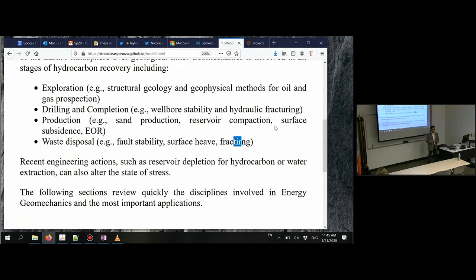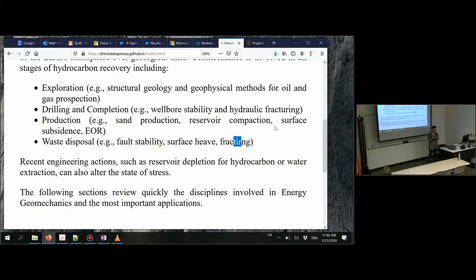And the reason was that there were some companies that were injecting produced water into the subsurface without any control, and as I was telling you before, reactivating some faults and causing them to slip again when they were in equilibrium. We're going to see the mechanisms of how that happens and how to avoid that.